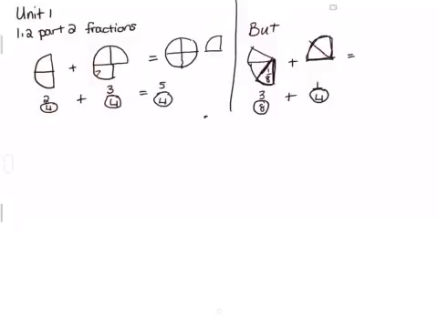Let's slice it through. Then each separate one is 1/8. So then I have 3 slices of 1/8 each, plus 2 more slices of 1/8 each, which gives me 5 slices of 1/8 each.